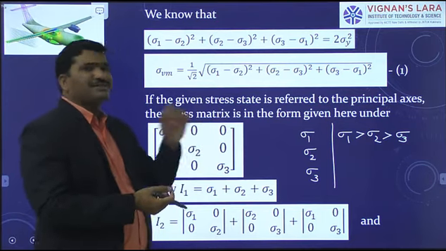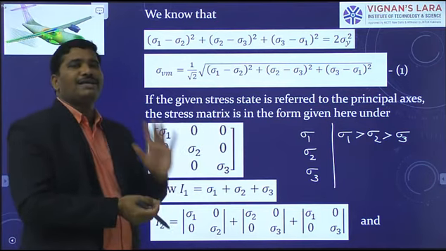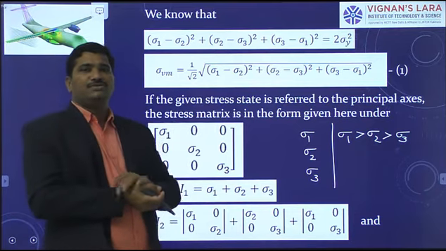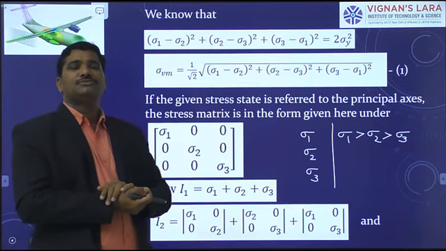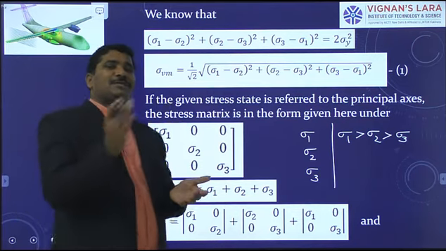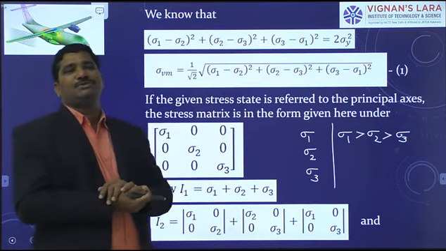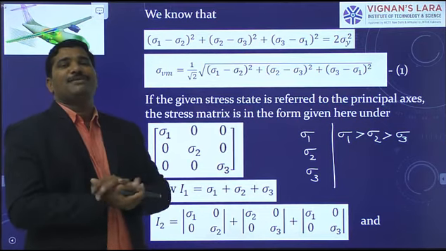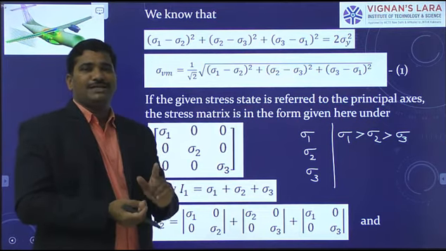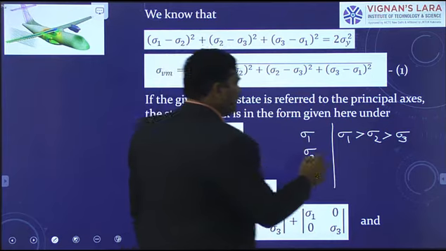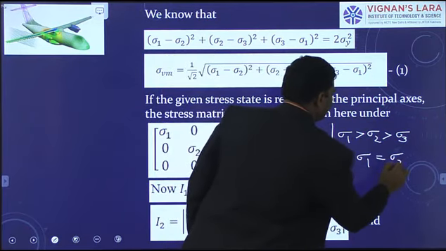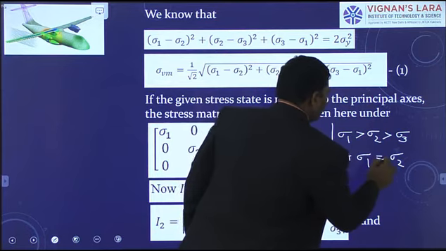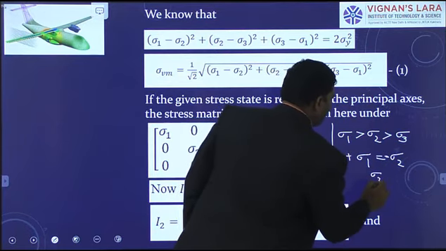For example, sigma 1 is positive and sigma 2 is negative, and sigma 3 lies in between sigma 1 and sigma 2, then sigma 2 becomes minimum. Once again I tell you, say sigma 1 is equal in magnitude to sigma 2, but sigma 1 is positive and sigma 2 is negative, and sigma 3 equals 0.